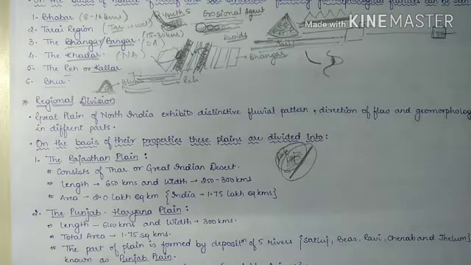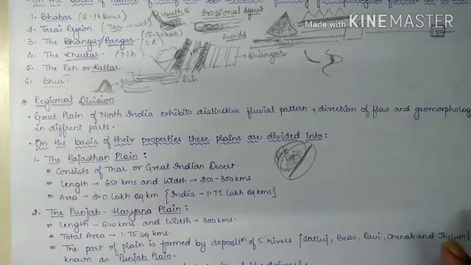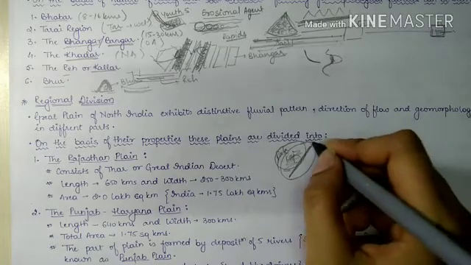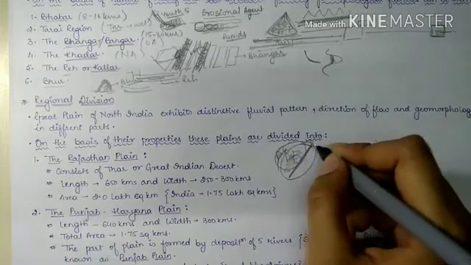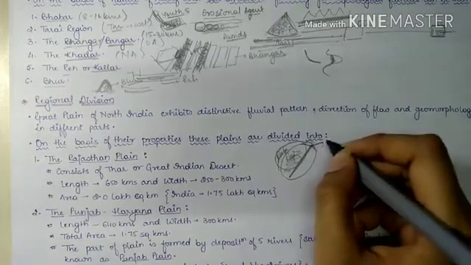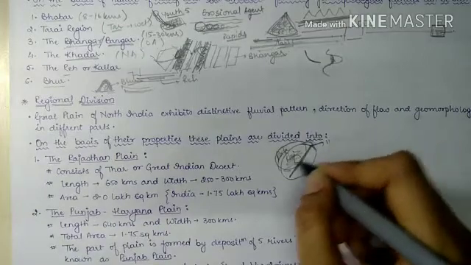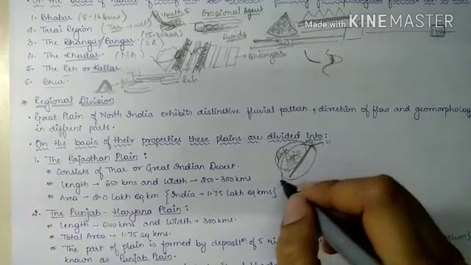Two-thirds of the Indian desert lies in Rajasthan, west of the Aravalli ranges. So western Rajasthan consists of the Thar Desert. The remaining one third of the desert is covered in Haryana, Punjab, and in the south Gujarat.